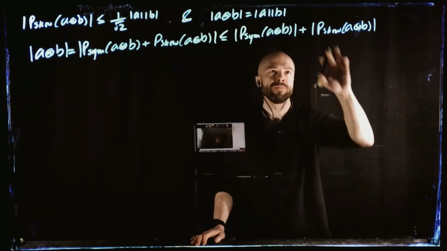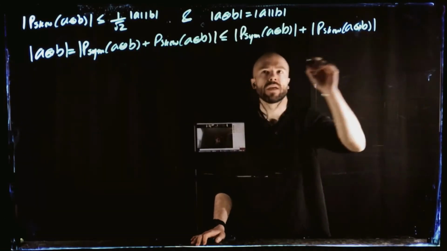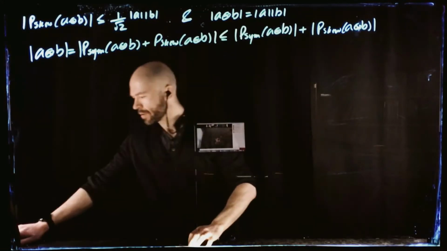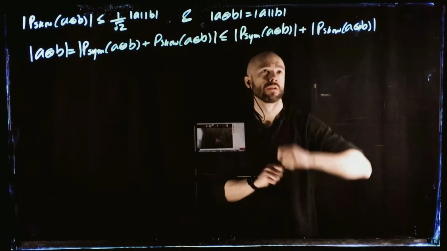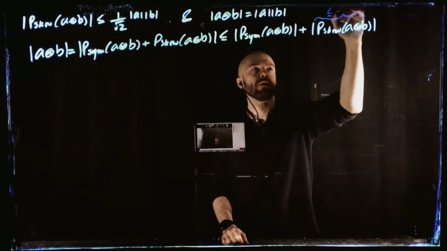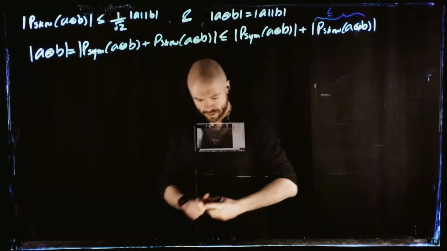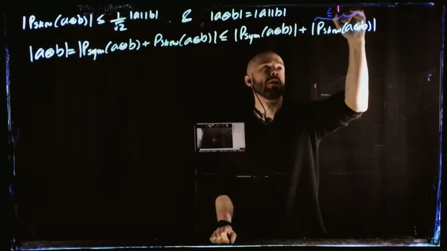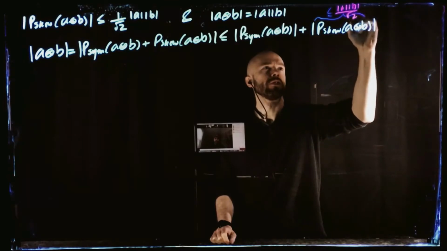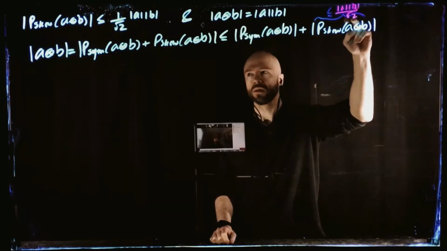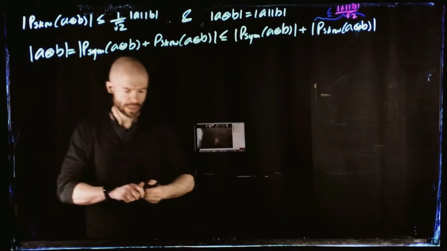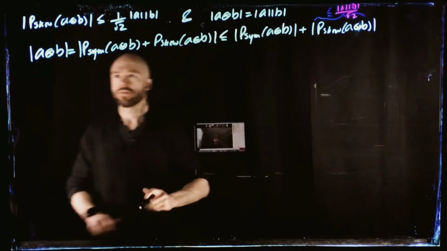Like this, yeah. And we know that this thing is less than, let's write it overhead, mod A, mod B over square root of 2, like this. And therefore we can just put it onto the other side, right? And still have something left.